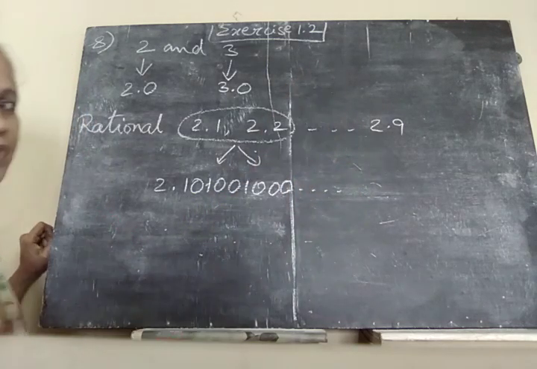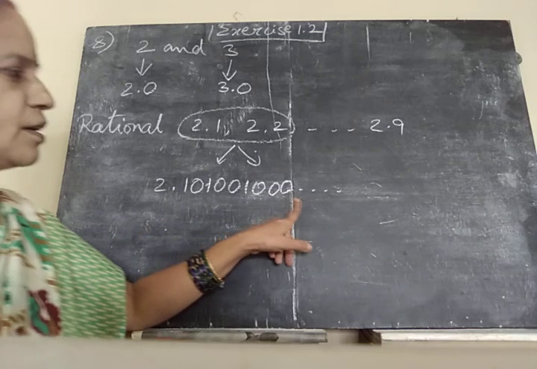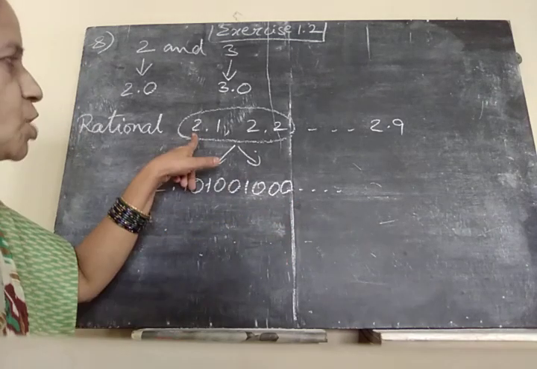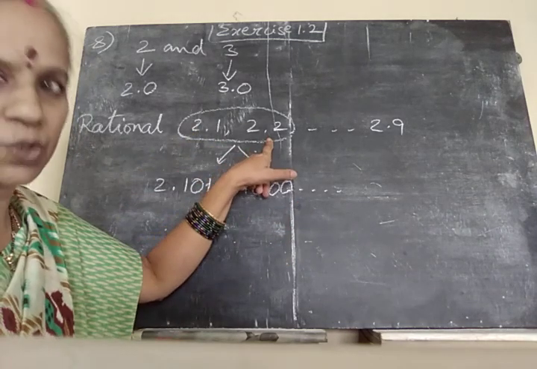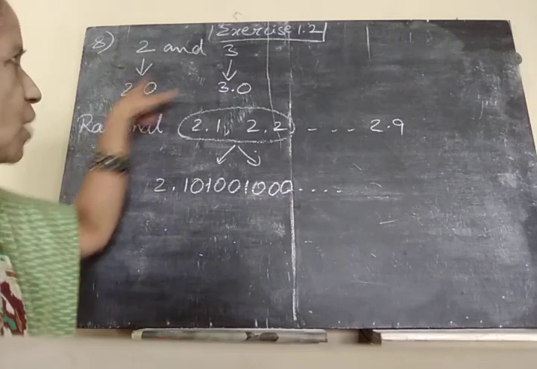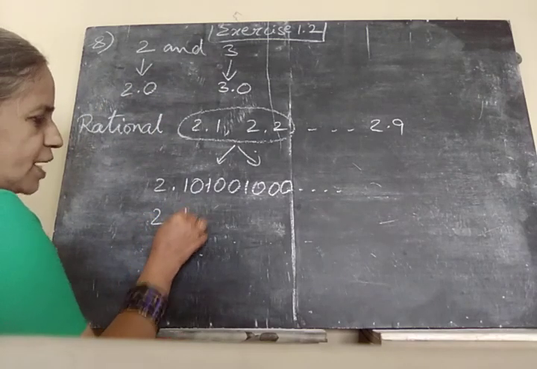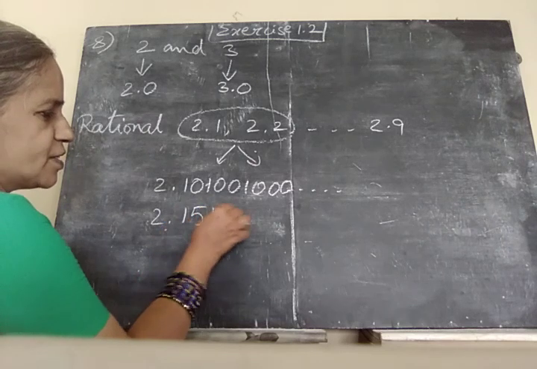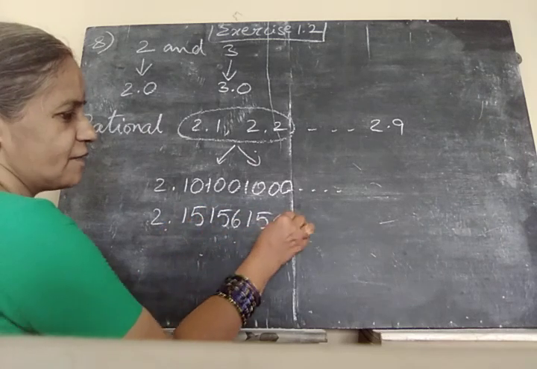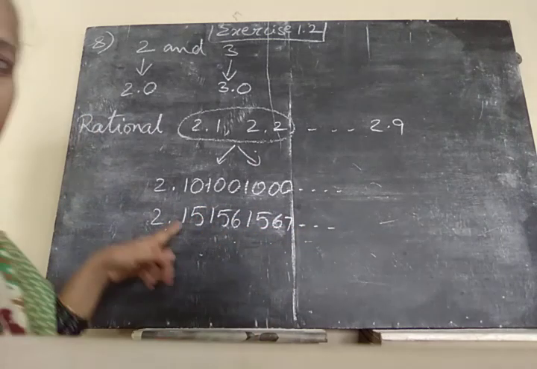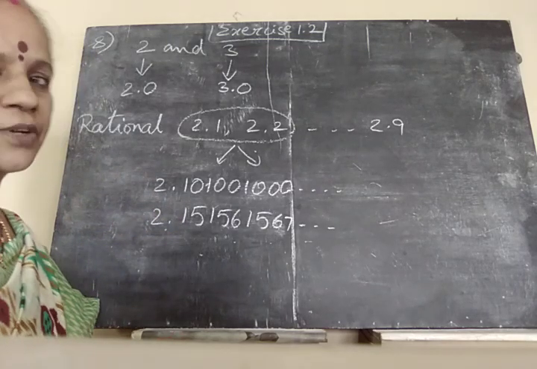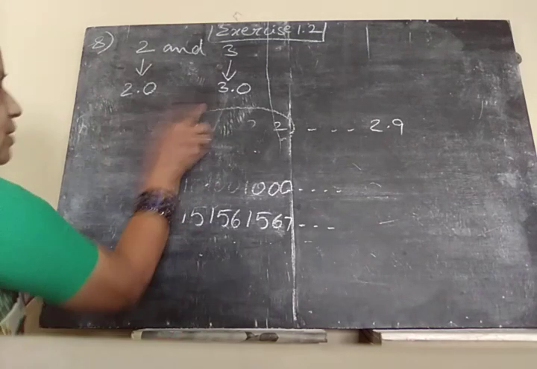This is an irrational number between 2.1 and 2.2. It means this is in between 2 and 3. So like that, 2.15, 2.156, 2.1567... Like these, many irrational numbers you can write in between 2 and 3.